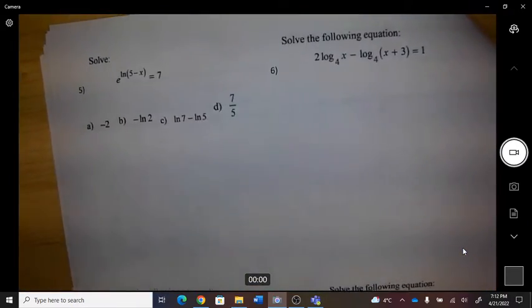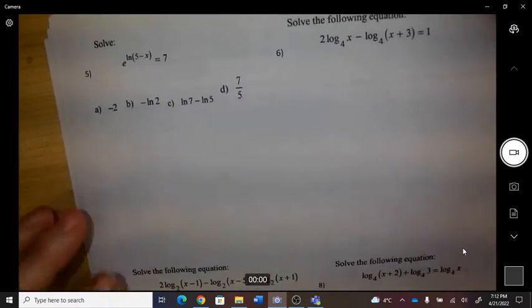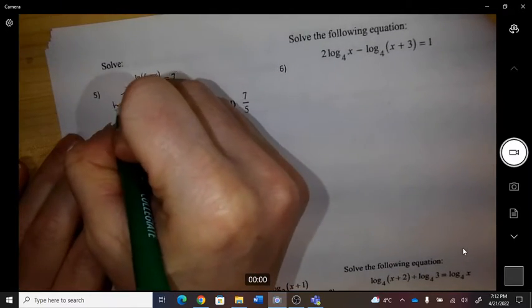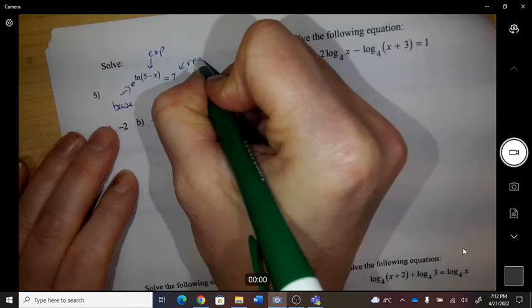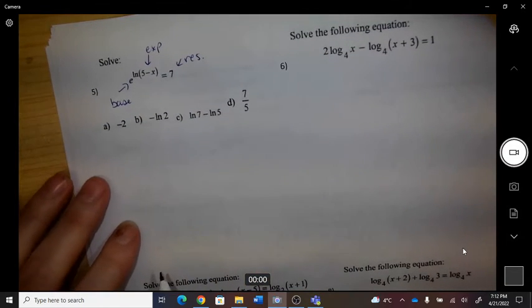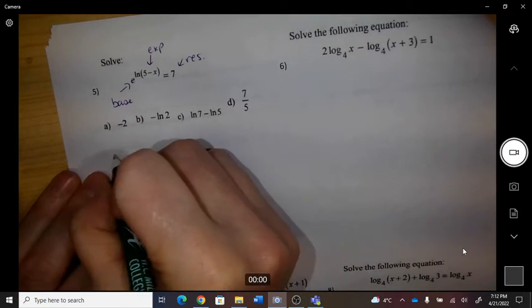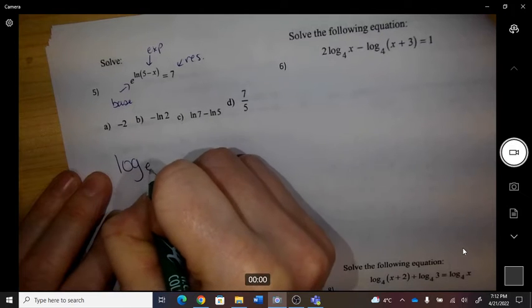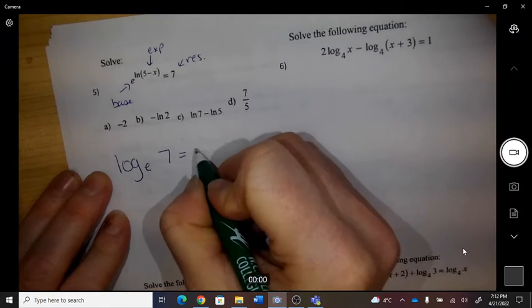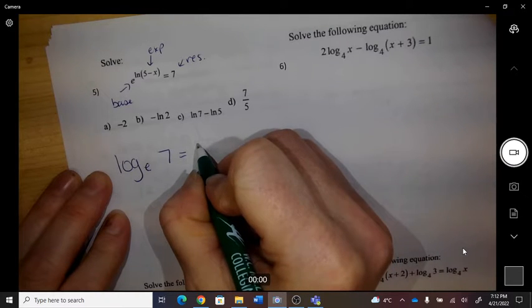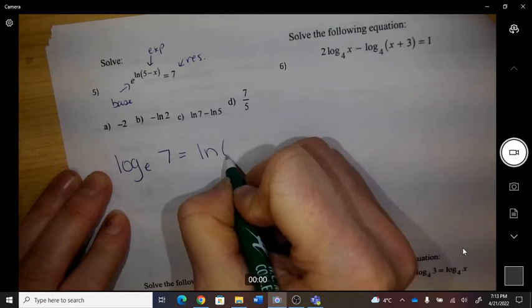Solve. Okay, so this is the base, exponent, result. So I'm going to rewrite it as a log. So log of the base, and then the result equals the exponent.